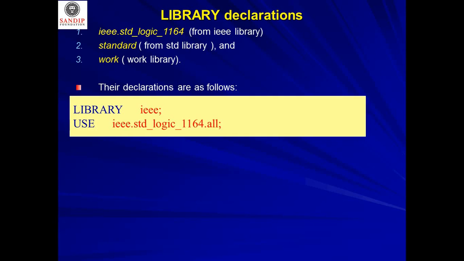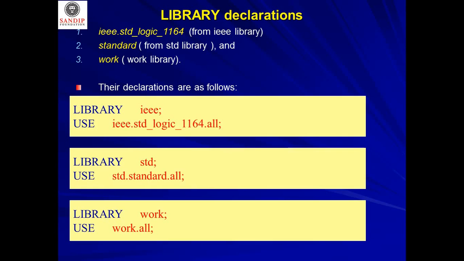In these 2 lines, IEEE indicates the IEEE library, std_logic_1164 indicates the package which is included in the IEEE library, and all indicates all the parts from the package std_logic_1164 are included in this design. Means all the components or all the parts from the library standard logic 1164 which is included inside the library IEEE are included in this design. In this way we can declare the IEEE library.